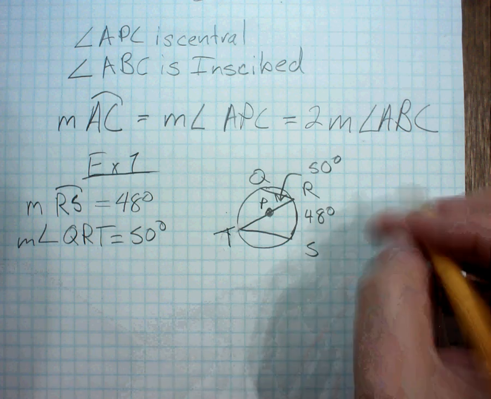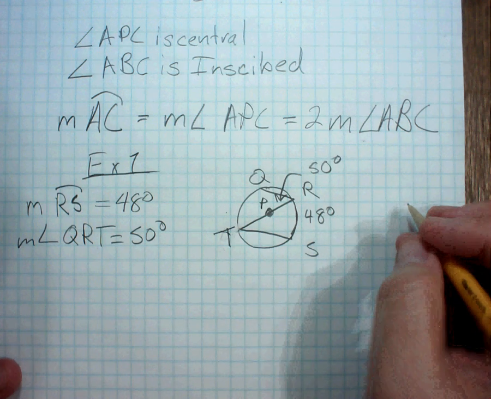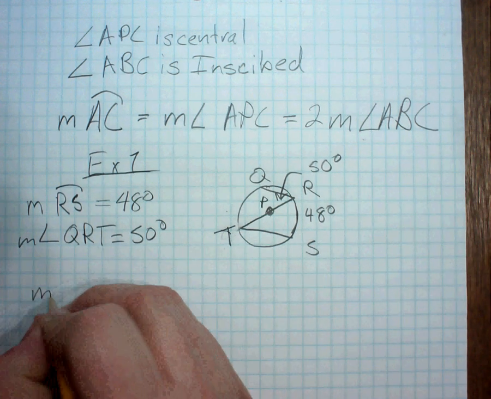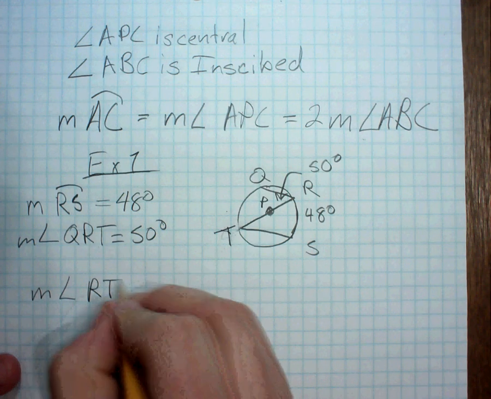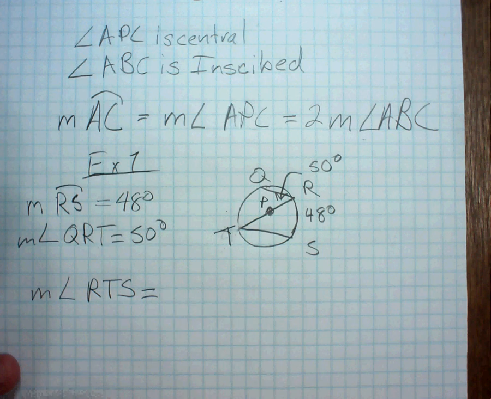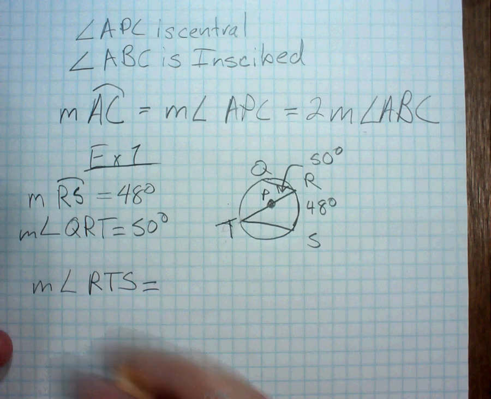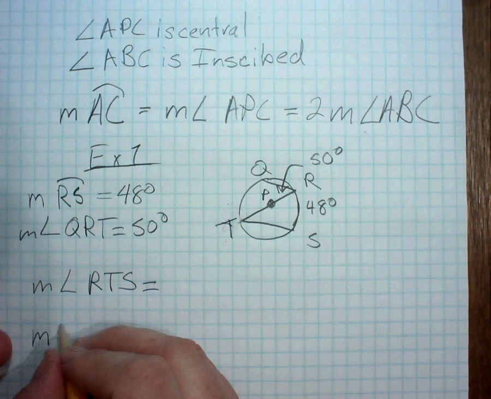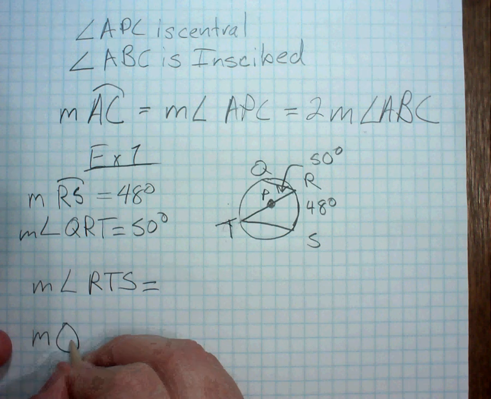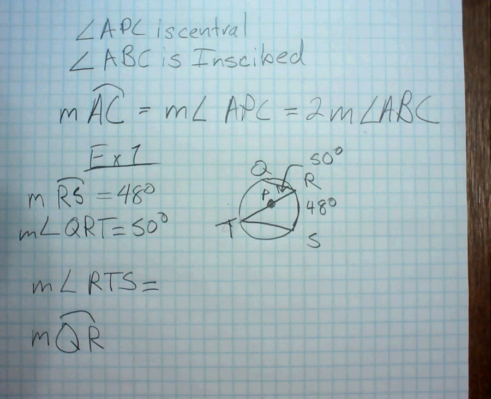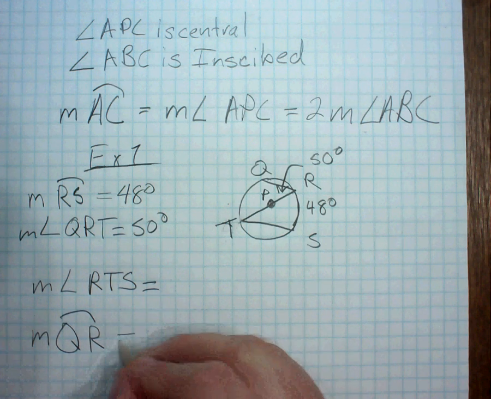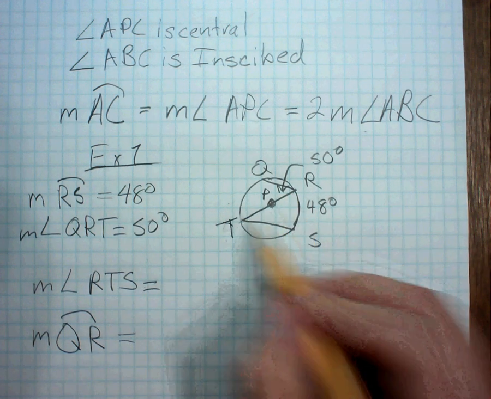And what they want us to find is, what is the measure of angle RTS? That's one thing that we have to find. And the other thing they want us to find is, what is the measure of the arc from Q to R? So let's do this first one, RTS.